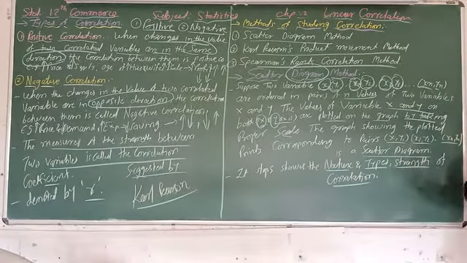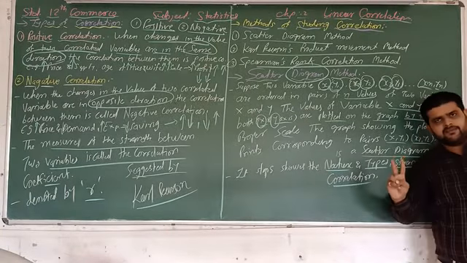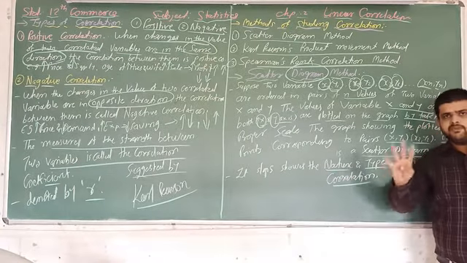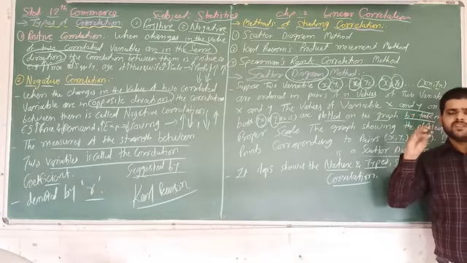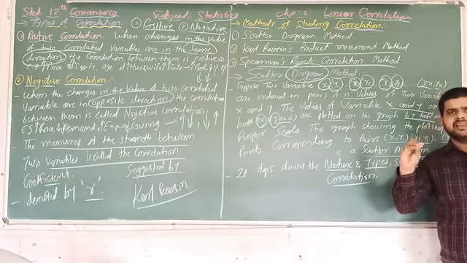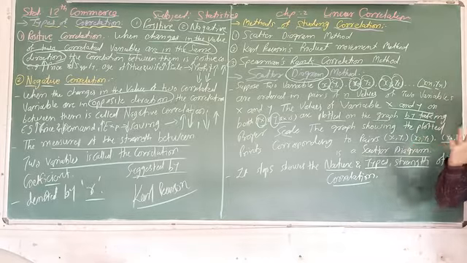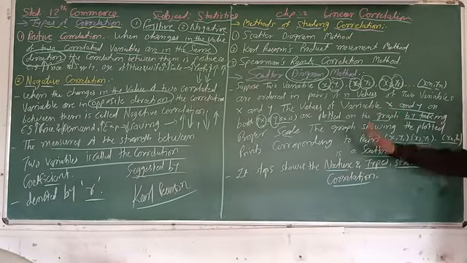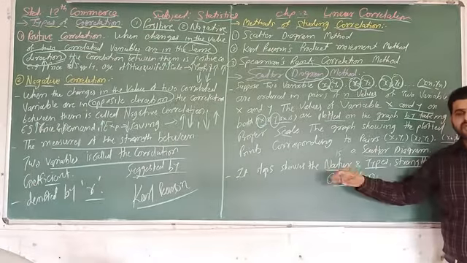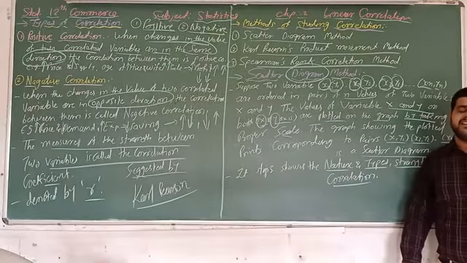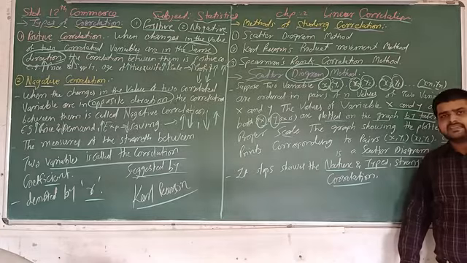Number 1, positive. Second, negative. Third, partial positive. Fourth, partial negative. And fifth, no relation. So with the help of the graph slope, we have to show which type of correlation is there.